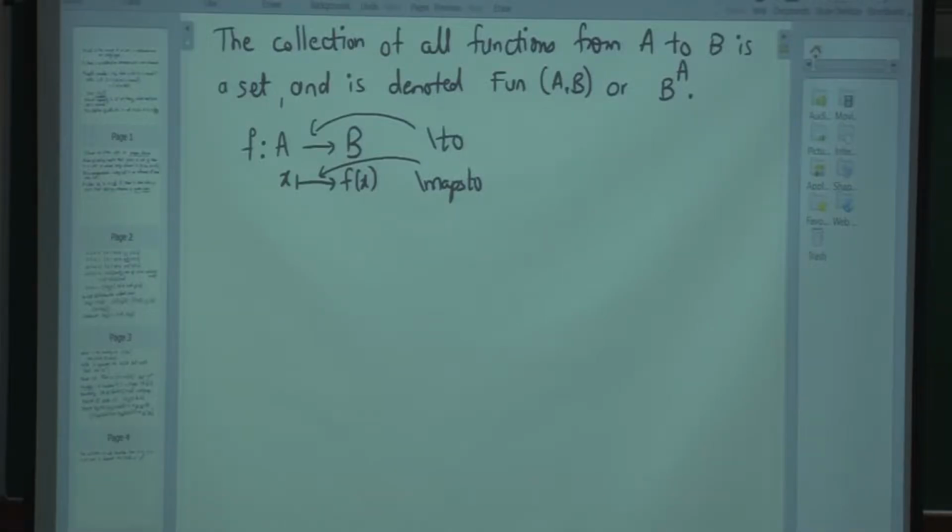Okay, so a function f from A to B is, let us do one-one first. What is the formal name for one-one functions? Injective. Very good. It is an injective function if, what happens?